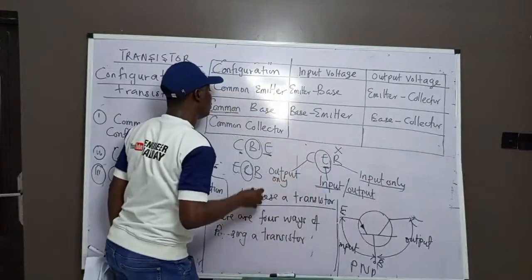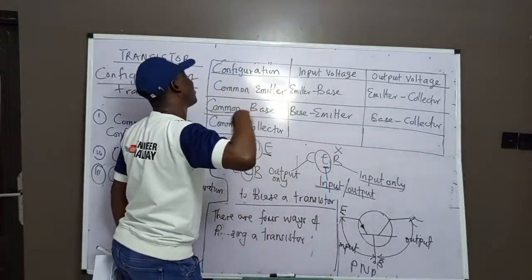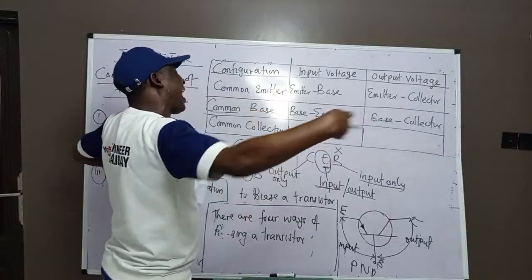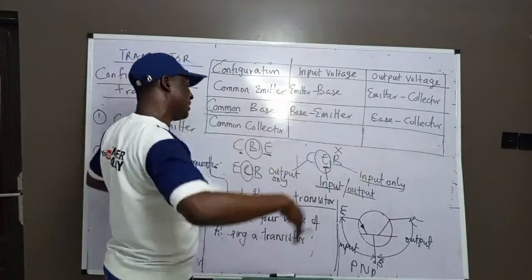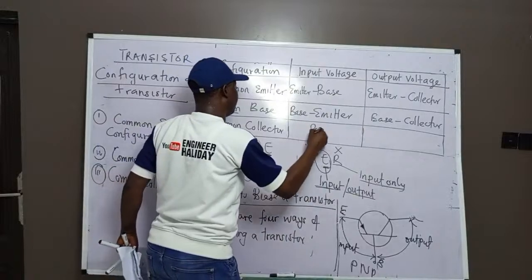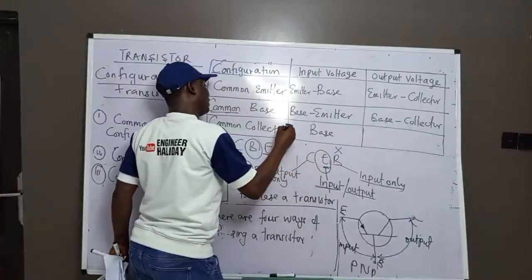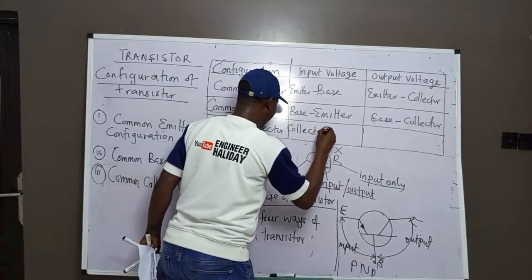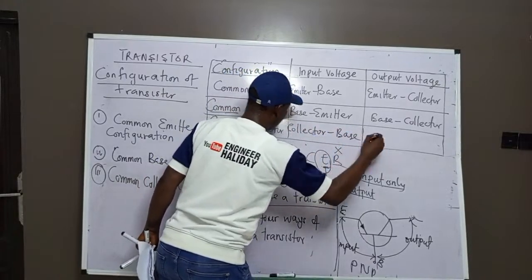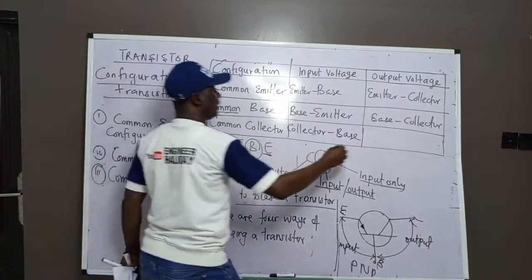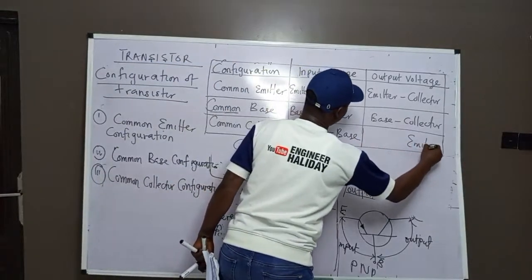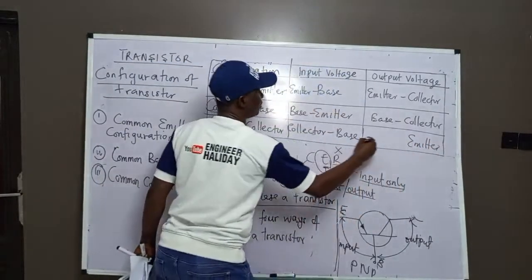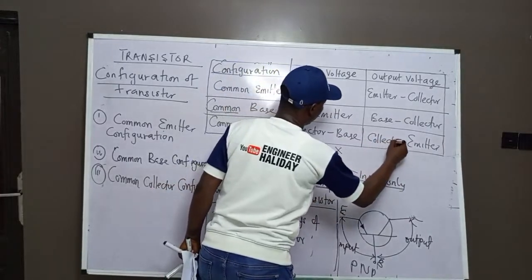It cannot be the output because it is between the two outer terminals, which are collector and base. So it can only act as input, which is base. So you can call it the collector base. What will now be the output? The emitter. So we now write it: collector and emitter.